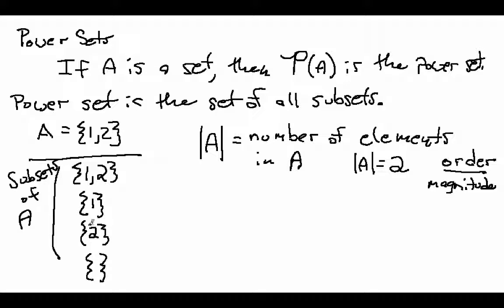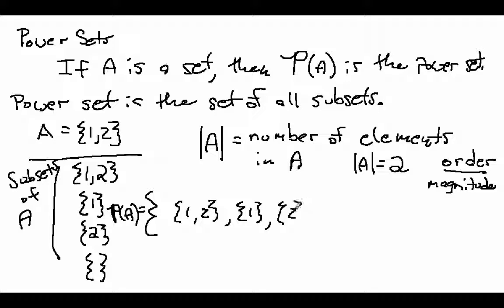How big is the power set? The power set is 4. Now remember, the power set is the set of all subsets. So if I were to really, I would have to say that P of A is equal to {1}, {2}, {1, 2}, and the empty set.